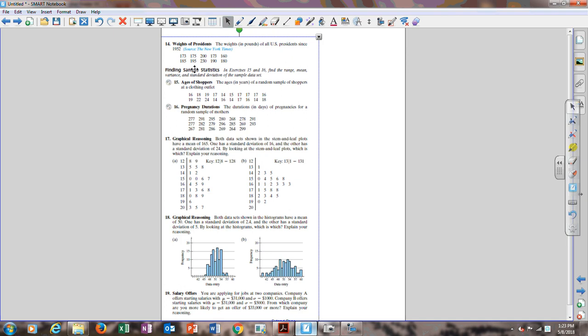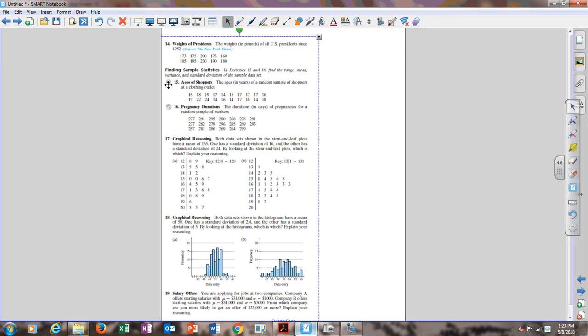And do 1-Var Stats. Your mean would be 17. Your range is 10. Your variance and standard deviation, finding the standard deviation first.